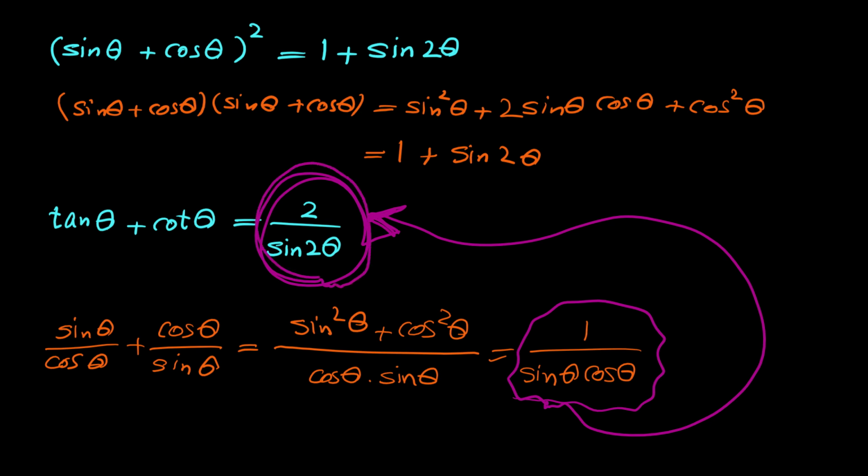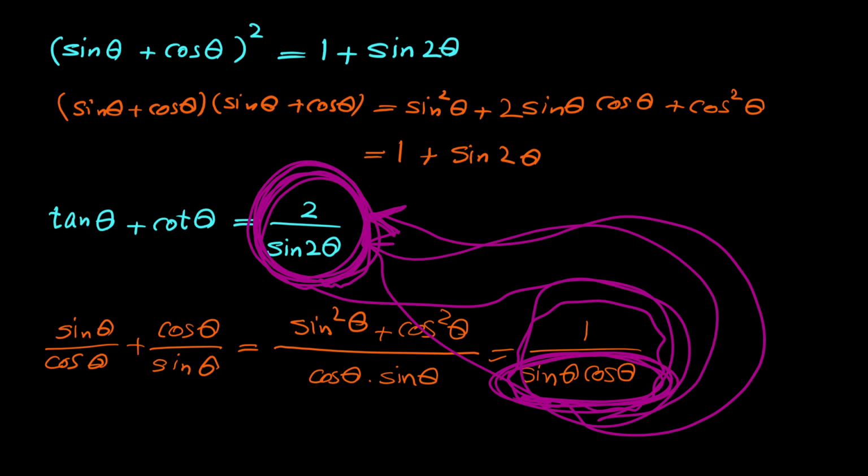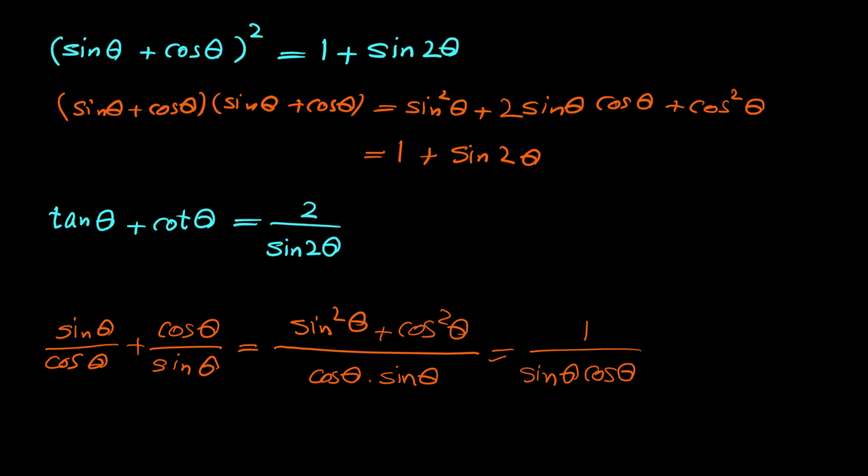It seems that we are almost done, but what do we have to do to get from this to that? Here in the denominator we have sine theta cosine theta, but here the denominator is sine of 2 theta. Let me remind you of the double angle identity for sine of 2 theta. Sine of 2 theta is 2 sine theta cosine theta.